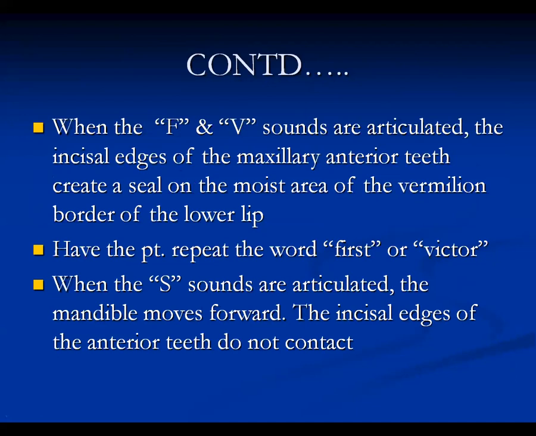We were making wax occlusion rims, marking the ala-tragus line, adjusting the wax occlusion rim, and marking the tip of the nose and the tip of the chin, and taking the measurement of vertical dimension.